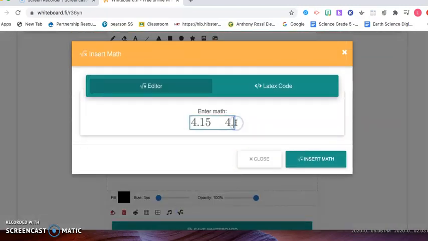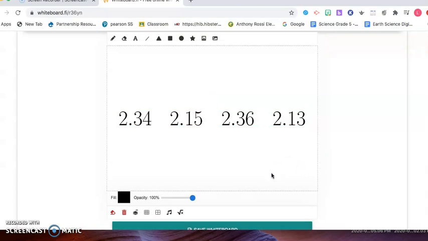And the last thing we did today in math was we put some decimals in order. So here are my decimals. I'm going to start on the left, and I notice all my 2's are the same.